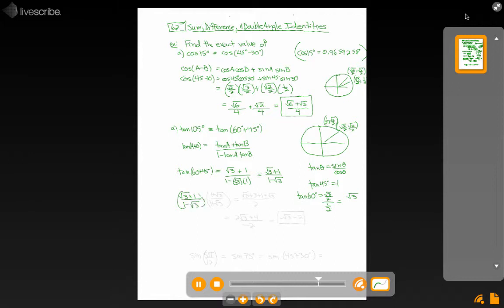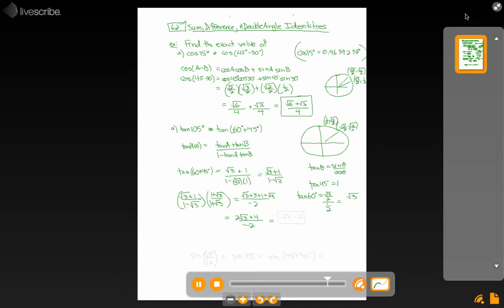So you've got root 3 plus 1 over 1 minus root 3. If I want to rationalize this, I'm going to multiply by the conjugate of the denominator. Multiply by 1 plus root 3 on the bottom and on the top, which means I'm not changing the value. The beauty of the bottom is you end up with 1 minus 3, which is negative 2. On the top I end up with root 3 plus 1 plus root 3 plus 3, which ends up giving me 2 root 3 plus 4 over negative 2.